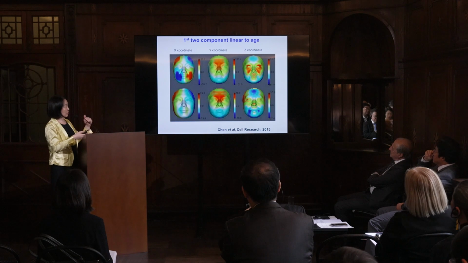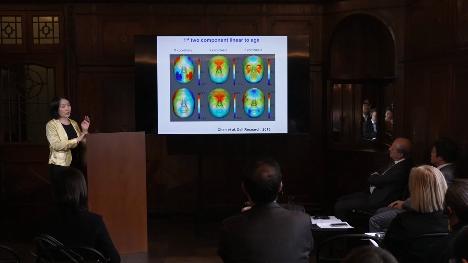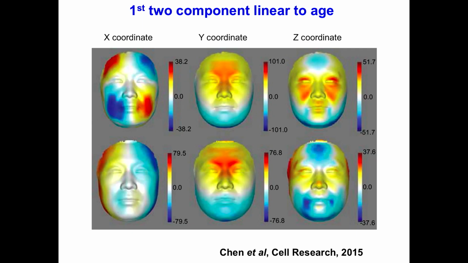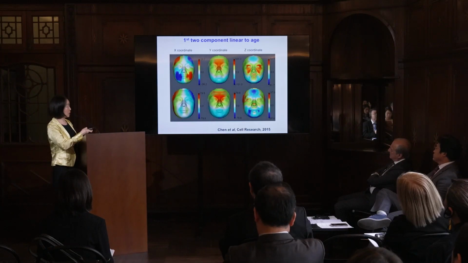This is another way to illustrate the changes. First, on this x-axis, that is the horizontal direction, going in this direction means going to the left. Because the image is centered, going to the right is showing as the blue.